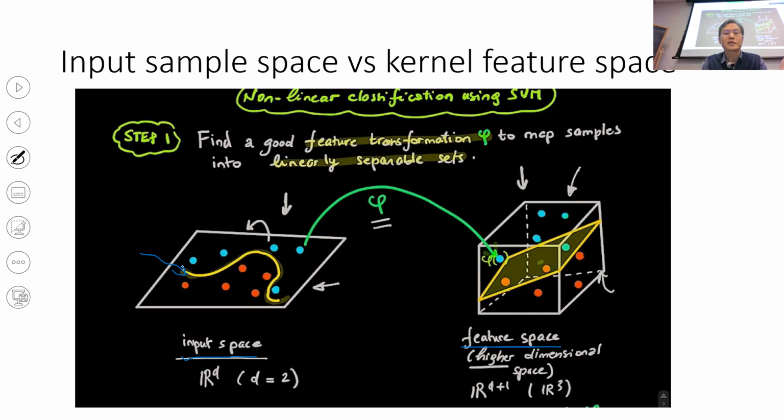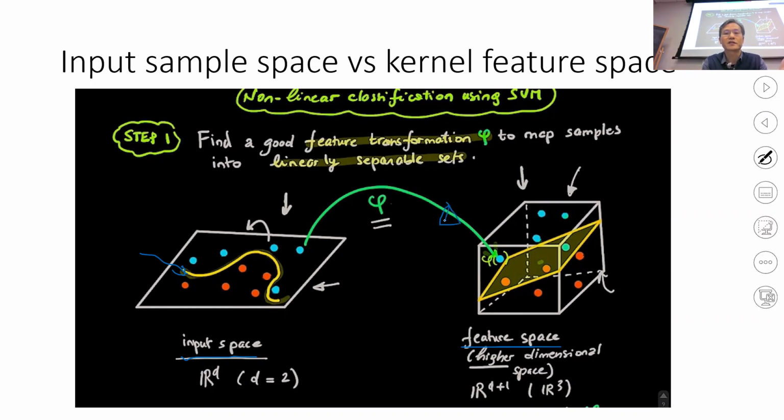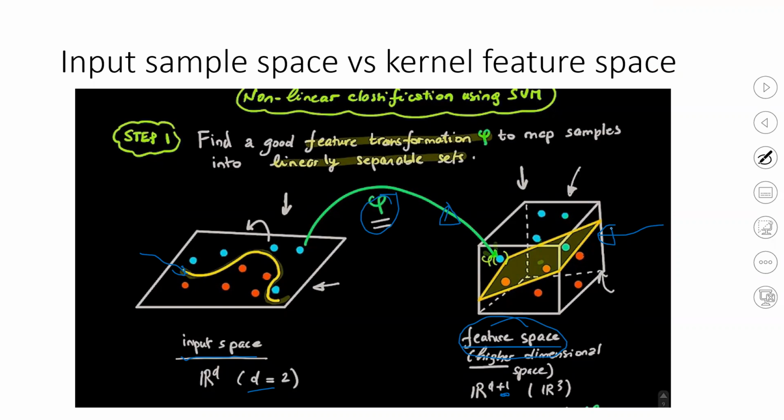But if you have a simple transformation function phi and transform your data points into a higher dimension, in this case from 2 dimensions to 3, everything becomes linearly separable. So you can apply the original format of the SVM without considering the combinations of parameters to define a nonlinear curve.